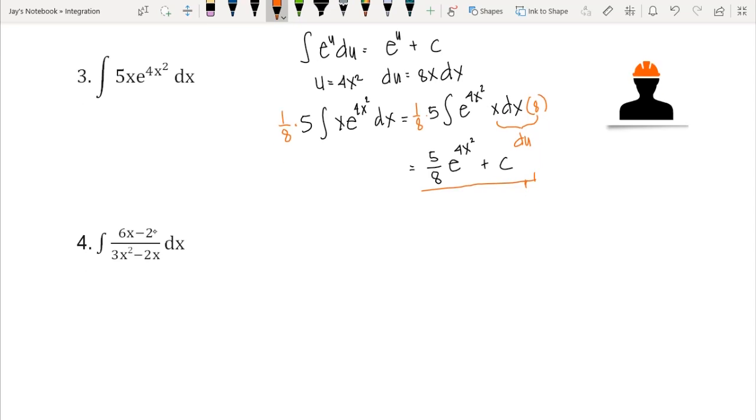Now we have example number 4 here, that is the integration of 6x minus 2 over 3x squared minus 2x dx. Again, we cannot use the power rule on this equation by moving the denominator to the numerator and changing the exponent into negative.